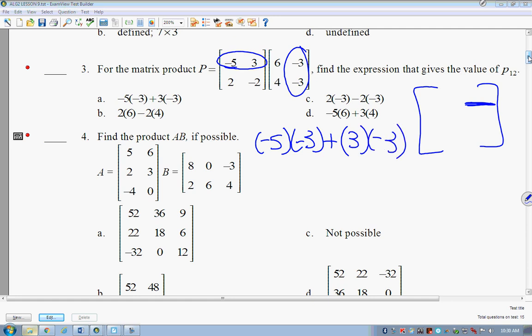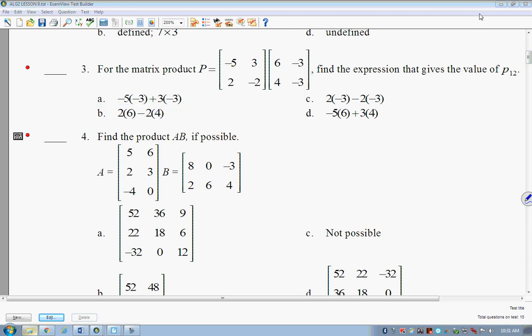What's negative 5 times negative 3? 15 minus 9. What's 15 minus 9? Oh, all they're looking for is that expression right there, though. Does that make sense? Find the expression, I'm sorry. But the answer is 6, by the way.